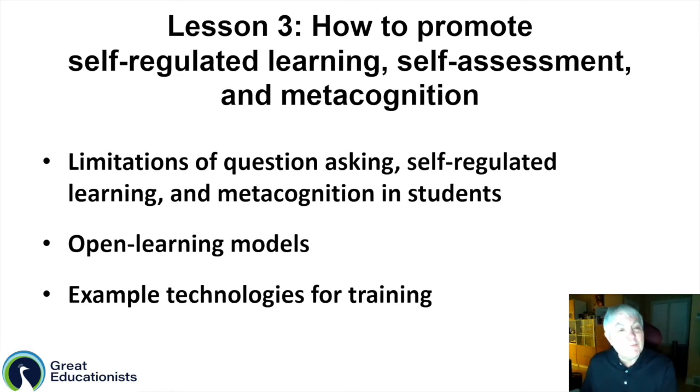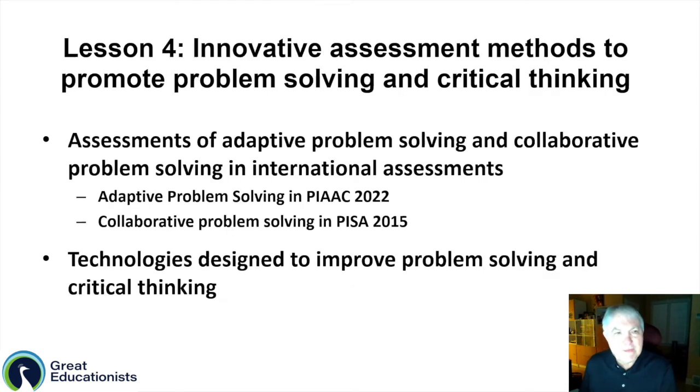One promising approach to have them acquire these skills is an open learning model where students get to see their own performance, track it over time, and try to improve their performance on a variety of these skills. I'm going to talk about some educational technologies that implement this.